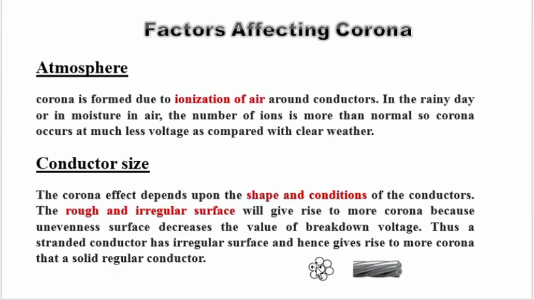As you can see, the outermost surface has 2 points, one inner and second one outer. So such a structure facilitates corona formation. So a stranded conductor has an irregular surface and it gives rise to more corona than a solid round conductor.